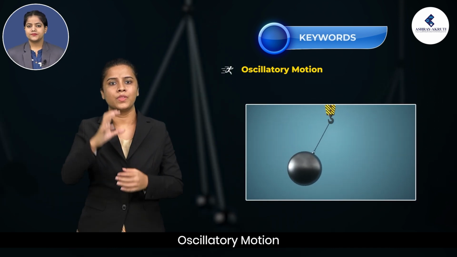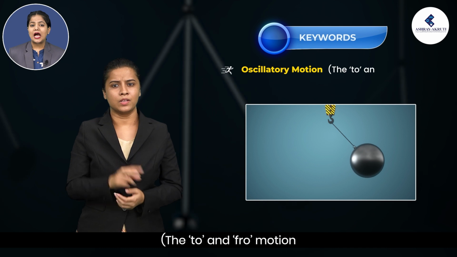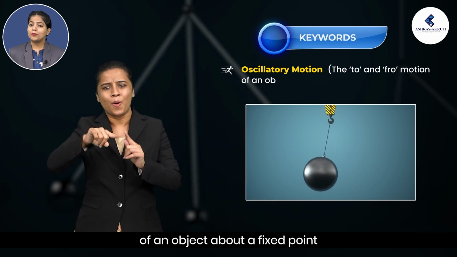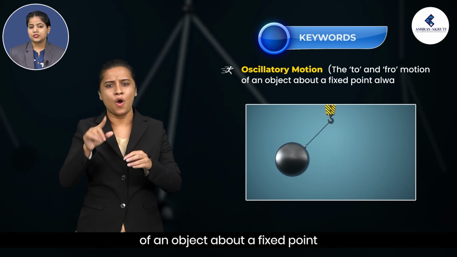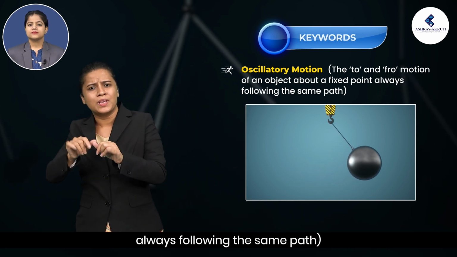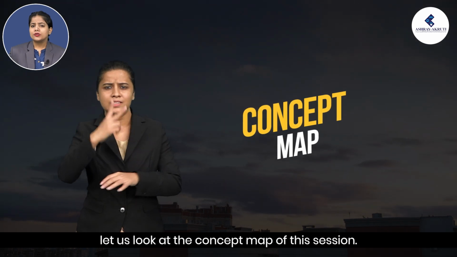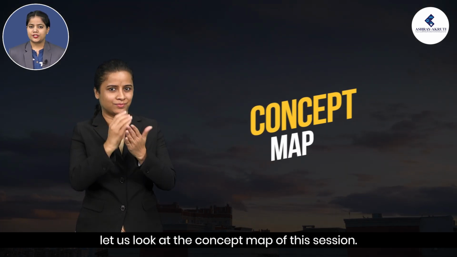Oscillatory motion, the to and fro motion of an object about a fixed point always following the same path. Before starting, let us look at the concept map of this session.